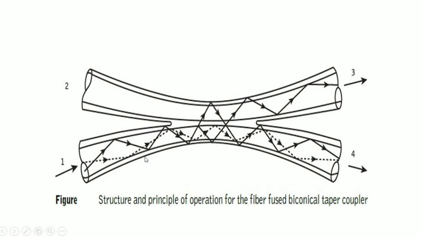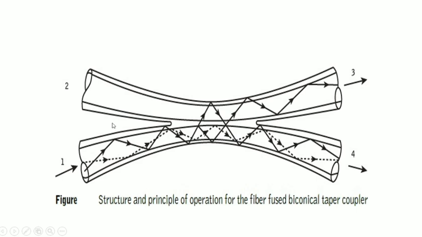Now we will have the explanation. The fibers are generally twisted together. These two fibers are twisted together, then spot fused under tension such that the fused section is elongated to form a biconical taper structure.